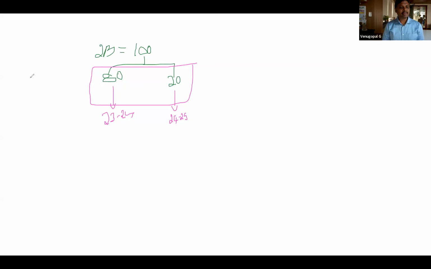Let's continue the same example. In financial year 24-25, let's say your 2B value is 150 rupees, and you are taking everything in your 3B. So this is the 2B of 23-24 and how you have taken it in your 3B.